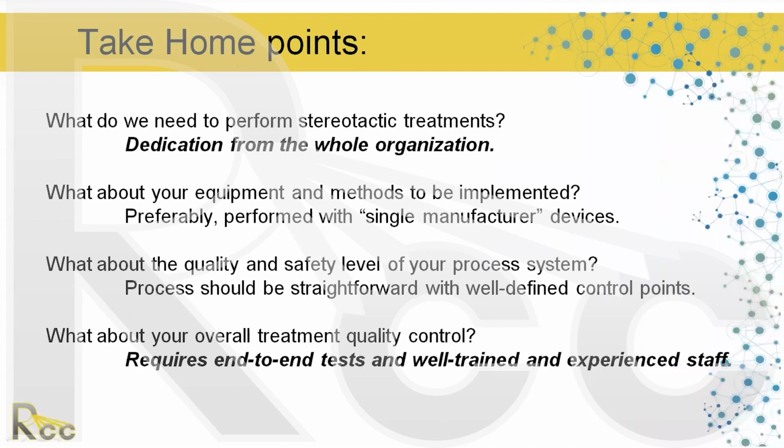So these are my take-home points to do stereotactic. We need dedication from the whole organization. It's a team sport, so we need everyone to be on the same page and supportive. Equipment, I do recommend a single manufacturer, but that's preferable. The processes should be straightforward. Remember, an efficient process is a safe process, and it should be well defined with control points, checkpoints, and timeouts.